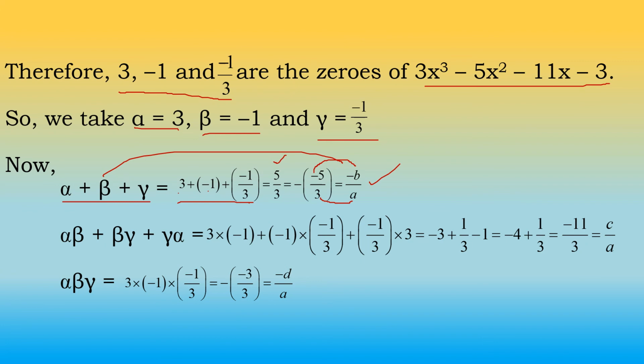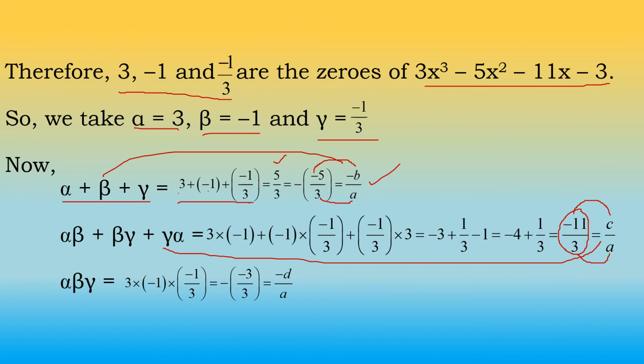By simplifying this value, we get minus 11 by 3. As we know, the value of minus 11 is nothing but C, and the value of 3 is nothing but A. So the second relation, alpha beta plus beta gamma plus gamma alpha, is nothing but C by A.